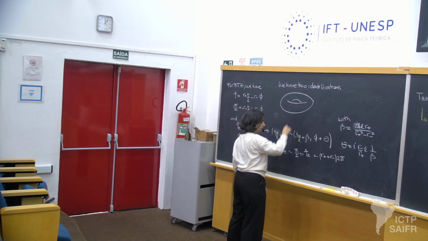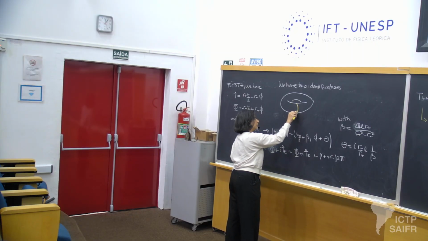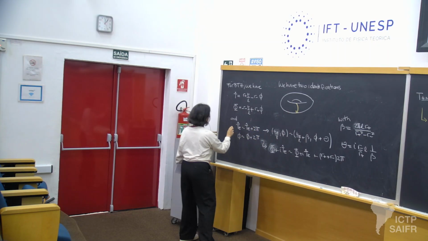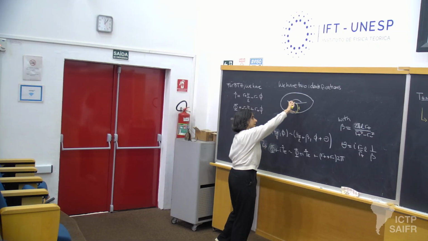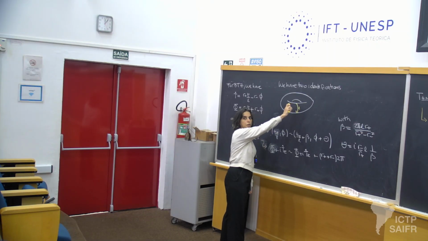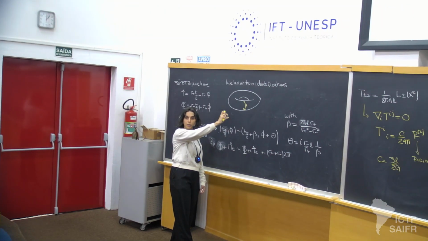One of the identifications, let me call this identification 1. This is my cycle. This is the smoothness condition as I went to the origin, so it's a regularity condition of the Euclidean solution.